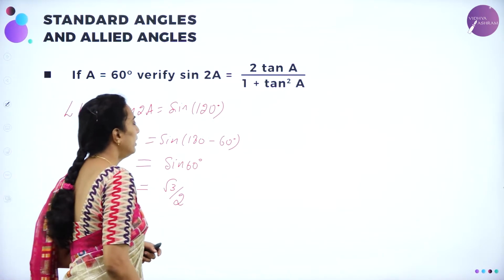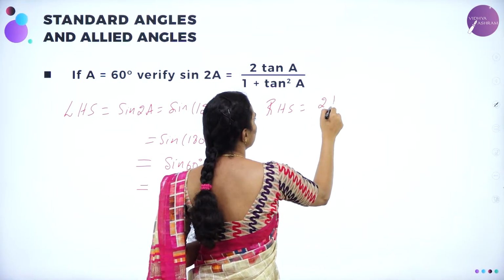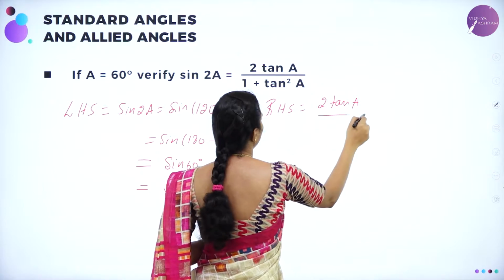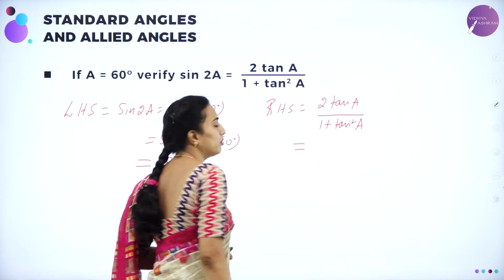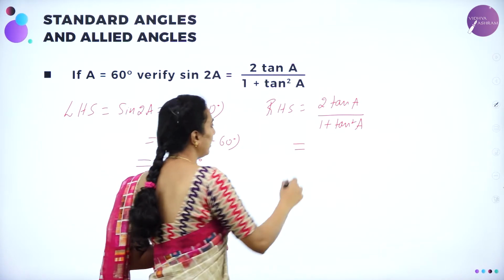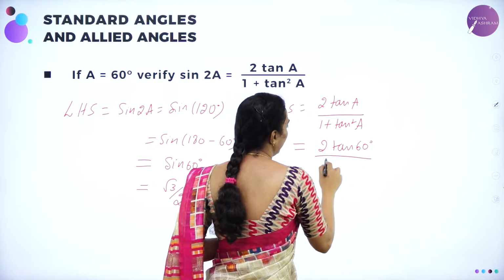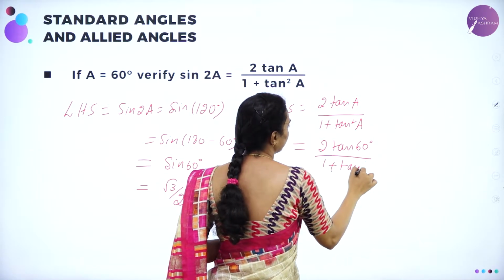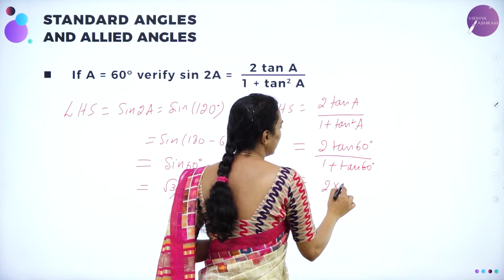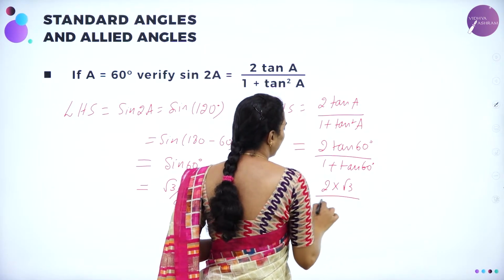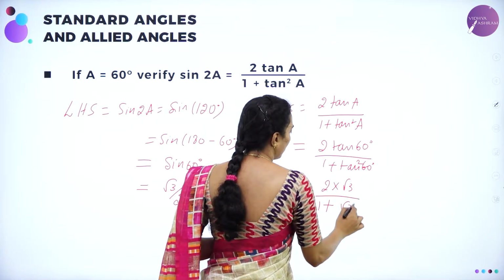Right? Now, let me check with the RHS. RHS is equal to 2 tan A divided by 1 plus tan squared A. Now substituting A as 60 degree, 2 tan 60 degree divided by 1 plus tan squared 60 degree. Now substitute the values: 2 into root 3 divided by 1 plus root 3 whole squared.